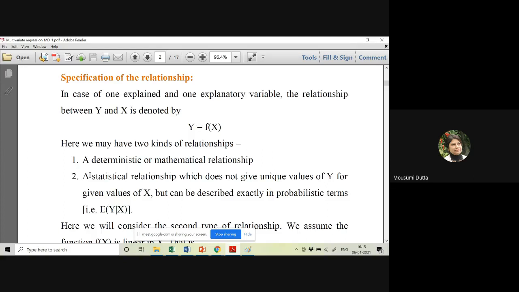We cannot say quantity demanded for oranges is equal to A minus BP. However, given the price of oranges, we can expect this to be the demand. So we can calculate only the expected value of Y, not the true value of Y.